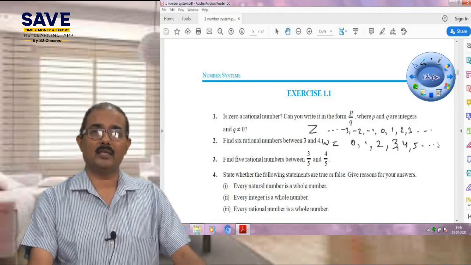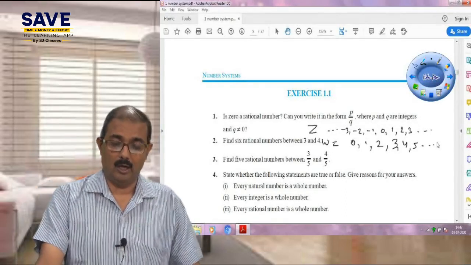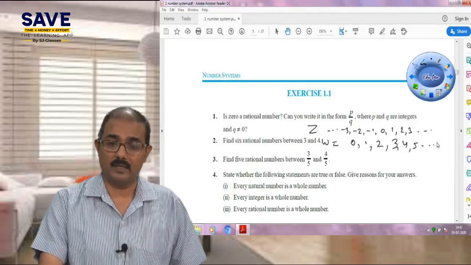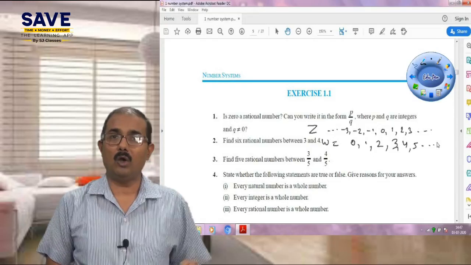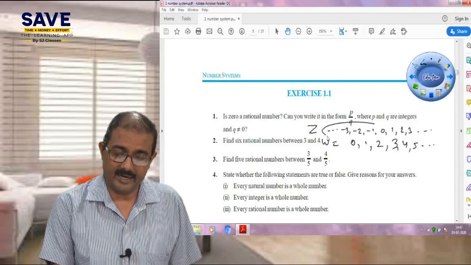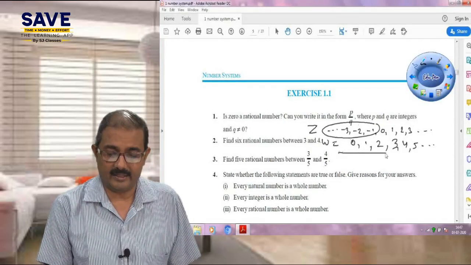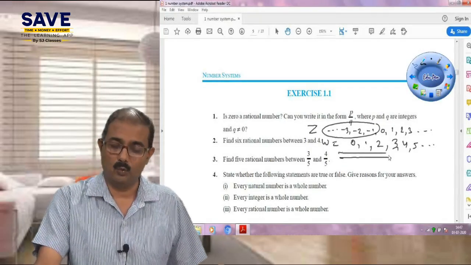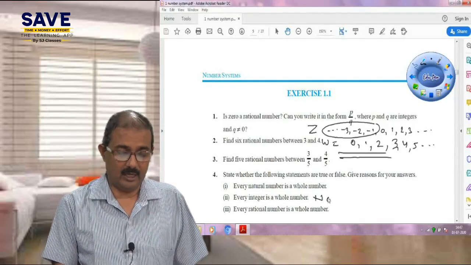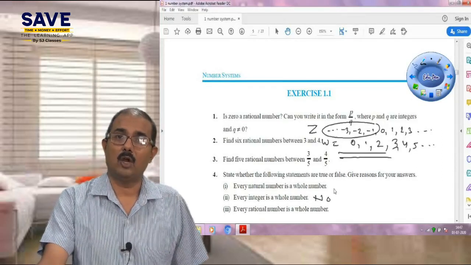Now it is being asked whether all integers are whole numbers. No, we cannot say that, because the negative integers do not lie in the whole numbers. So no, not every integer is a whole number.